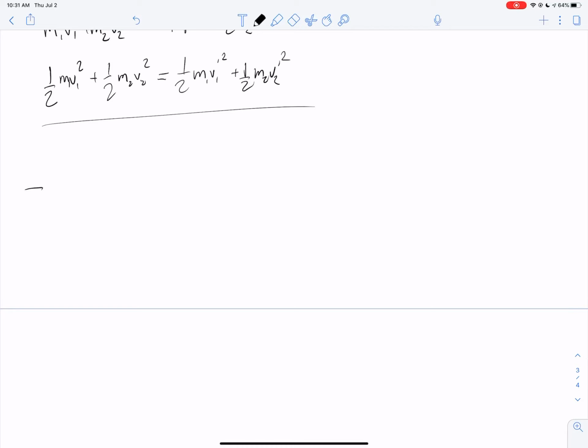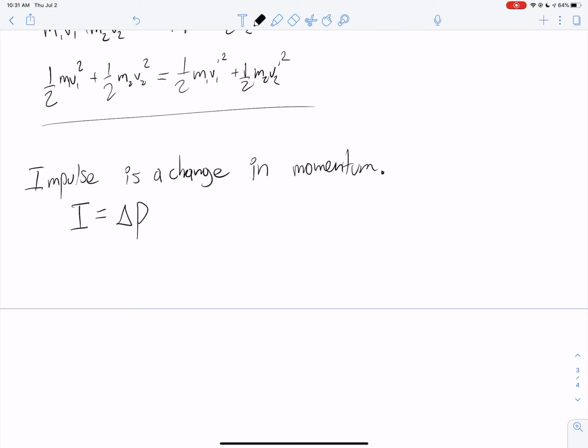Like I said before, impulse is a change in momentum. So I, like we said before, is a change in P. Okay? So for example, let's say we have a situation where our momentum is not conserved.